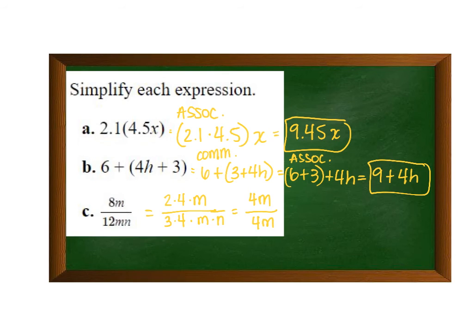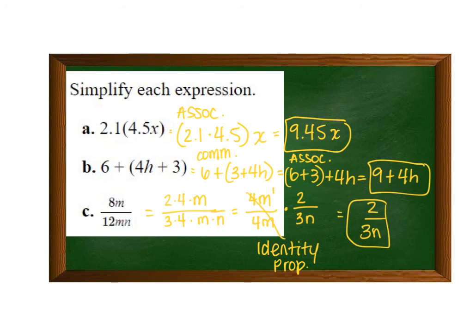And we've also got times 2 left on top, over a 3 left over and an n left over. This is going to cancel to give us 1 by the identity property. So now we're left with 2 over 3n. Okay?